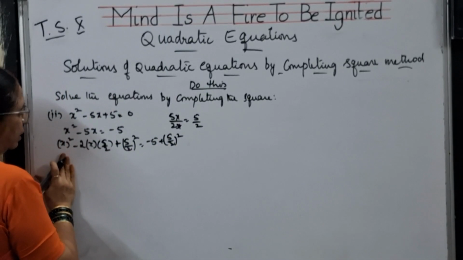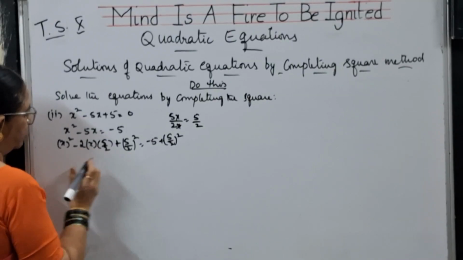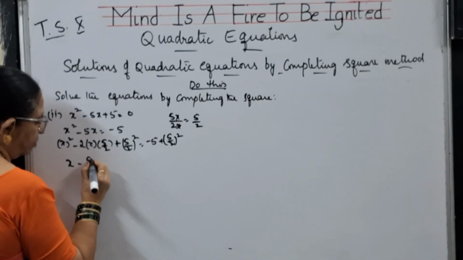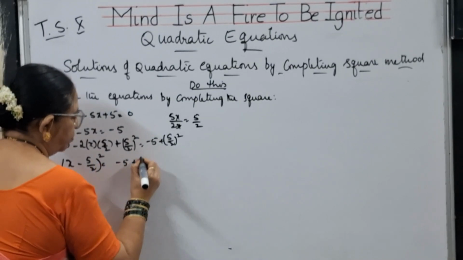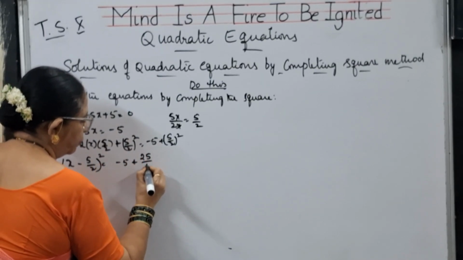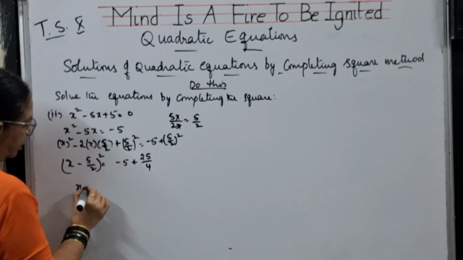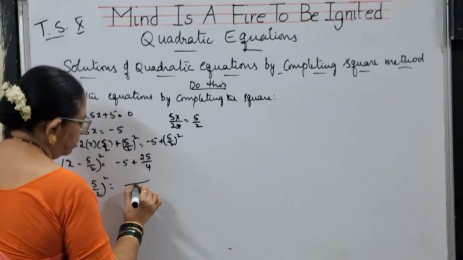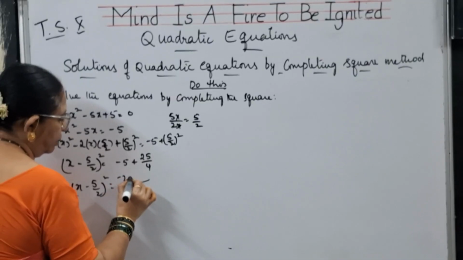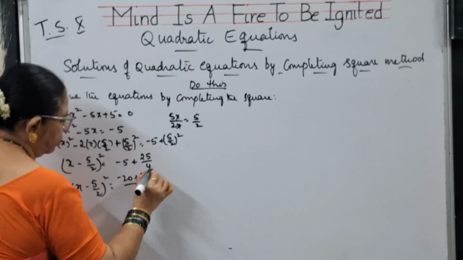So a square minus 2ab plus b square, x minus 5 by 2 whole square is equal to minus 5 plus 25 by 4. x minus 5 by 2 whole square is equal to, LCM is 4, minus 20 plus 25.